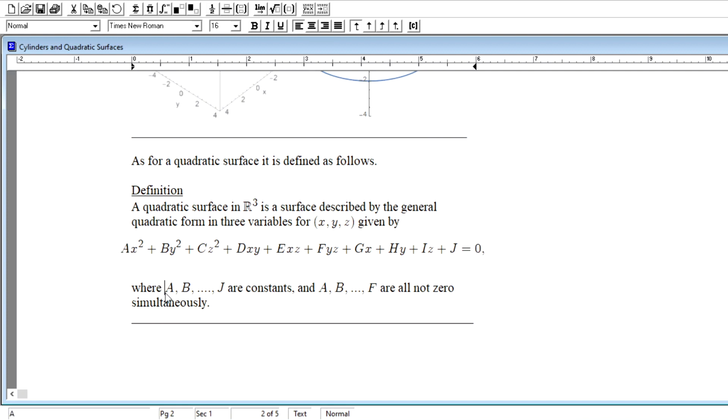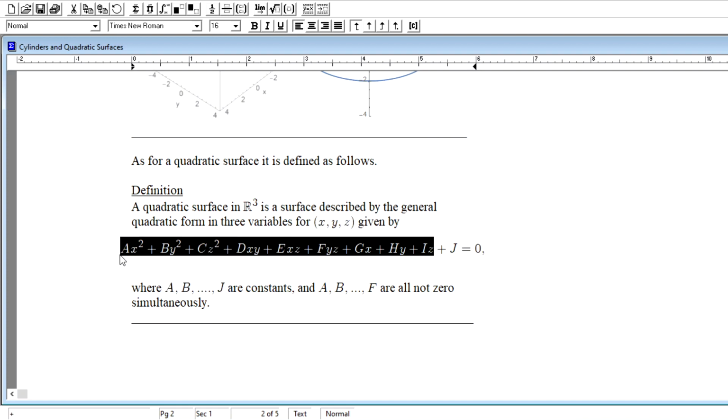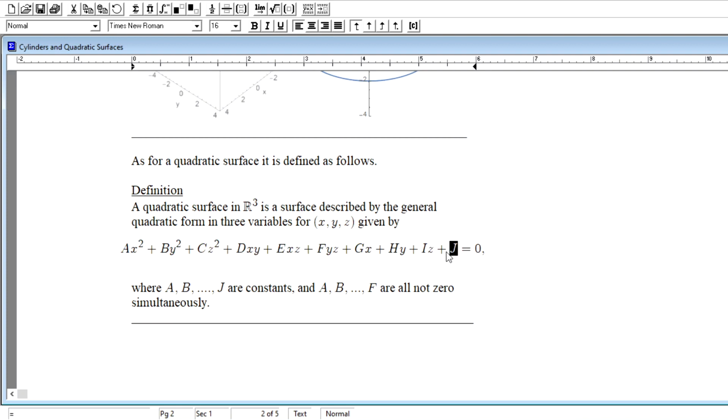Those capital letter values are just constant values. They are the constant coefficients for the terms x squared down through z, and the constant value for j itself. And what does have to be true is that those coefficients a, b, c, d, e, and f are not allowed to all be zero simultaneously.